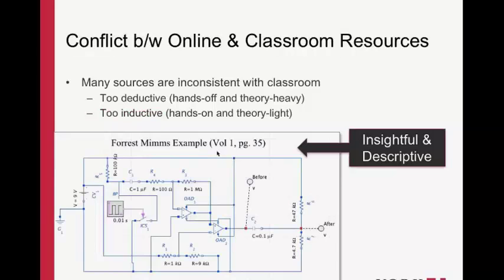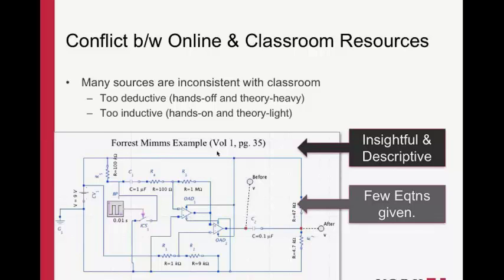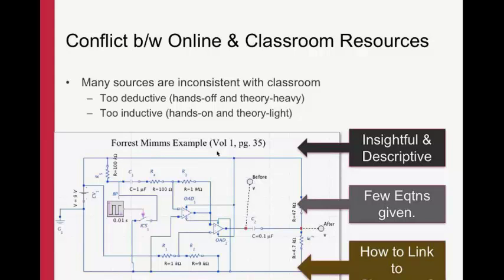And so typical examples that the students might see online are things like a circuit like this, which is insightful and descriptive. However, there won't be a lot of equations given for further exploration by the students, and the students might have a lot of difficulty trying to figure out how to link a complicated circuit like this to the simple examples they're seeing in class.